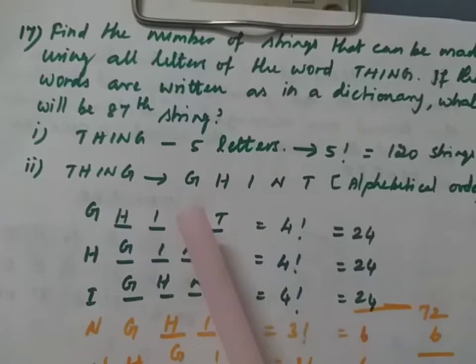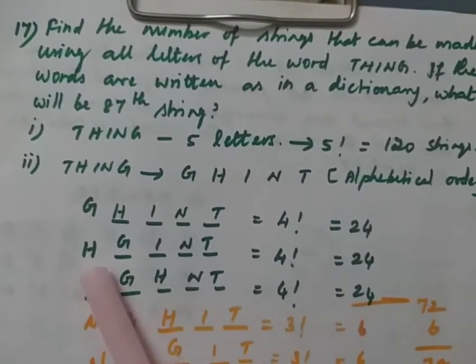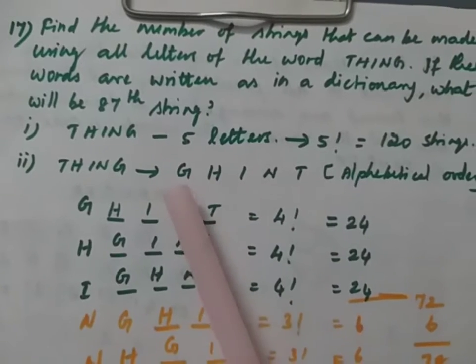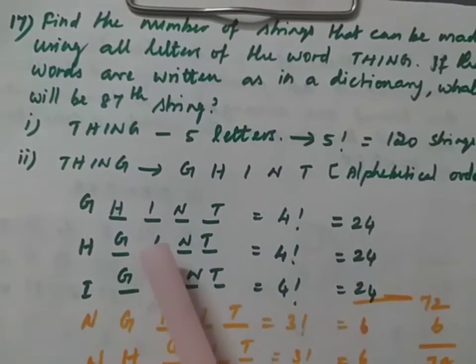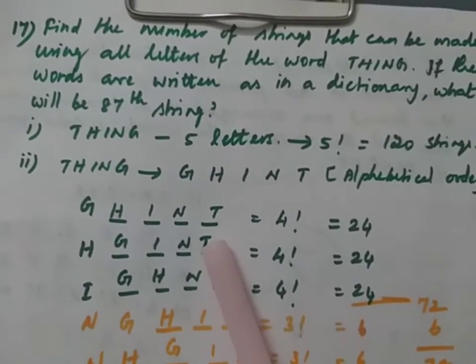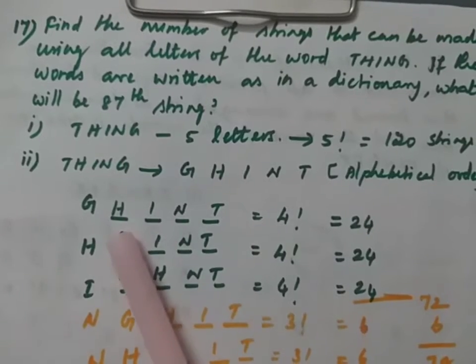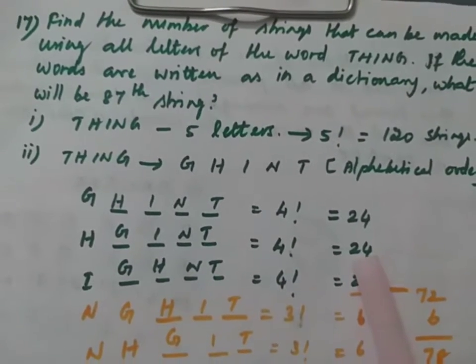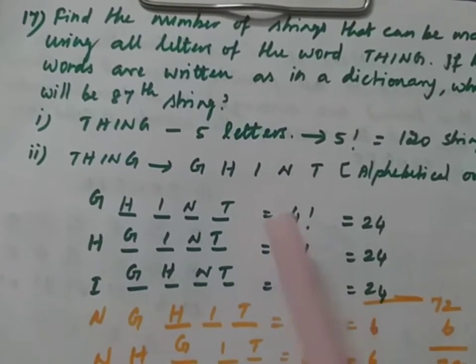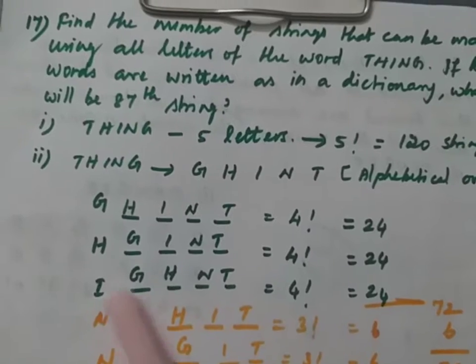And then now I want to take the second letter H. Put H here. The remaining letters G I N T can be arranged in 4 factorial, which is equal to 24. And then the next letter I. Put I here.